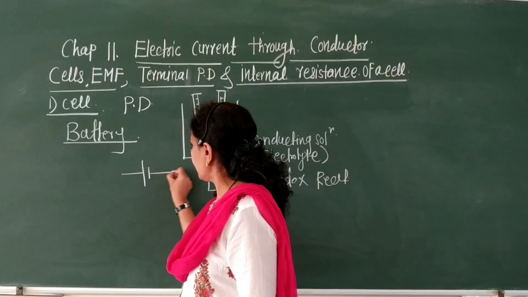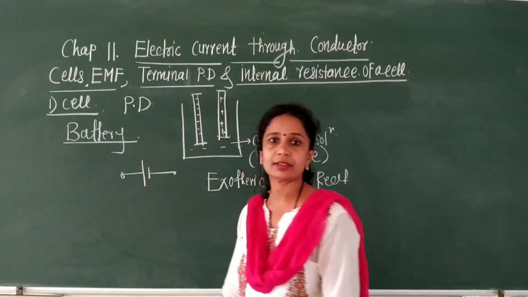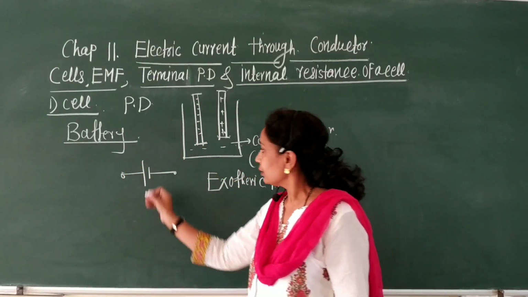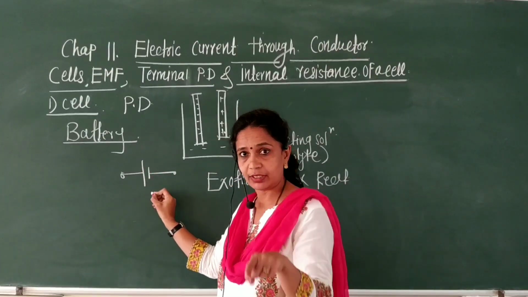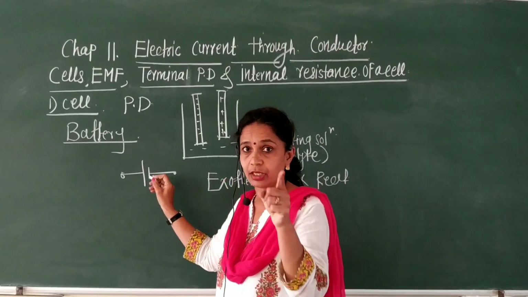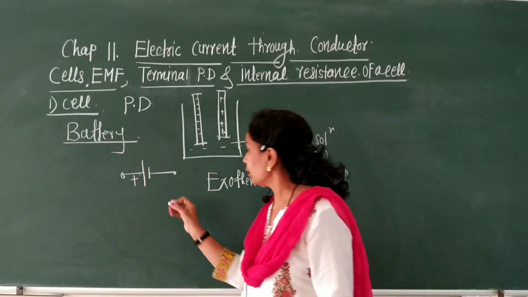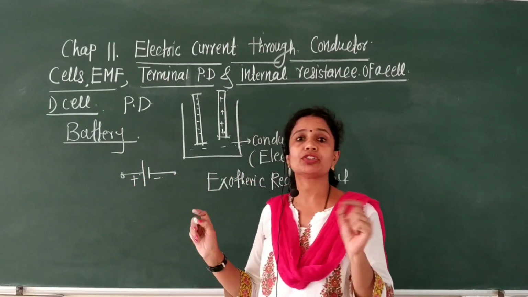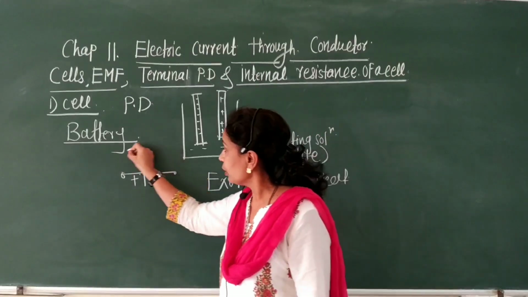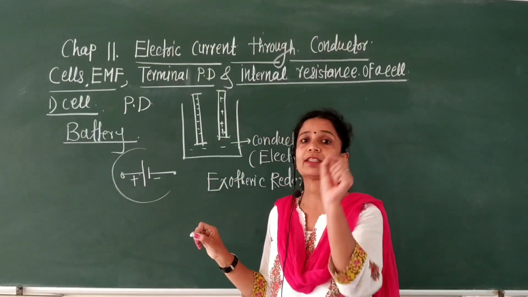The symbol of a cell is given by two lines. One is long and the other is short. One has the positive charge and the other has the negative charge. This is the symbol of a cell.